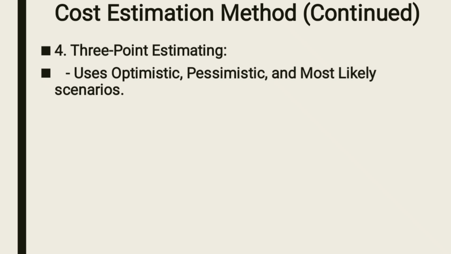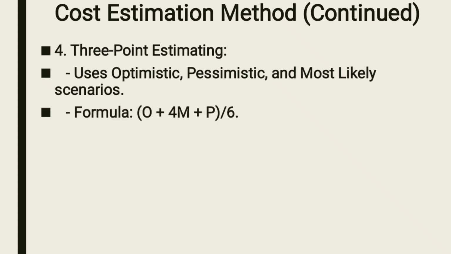That is where you say if our project is going to face heavy challenges, what can be the possible cost? And number three, you use most likely cost, where you say if our project will just be running normally, finding some challenges while also going smoothly, what can be the possible cost?